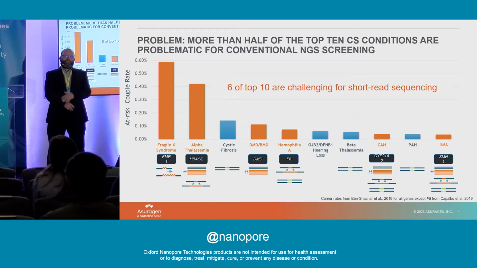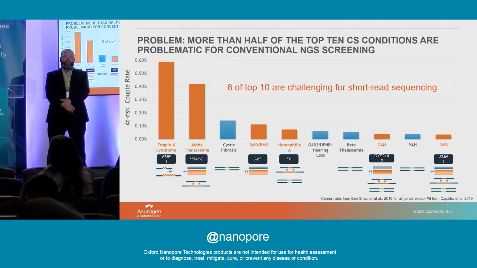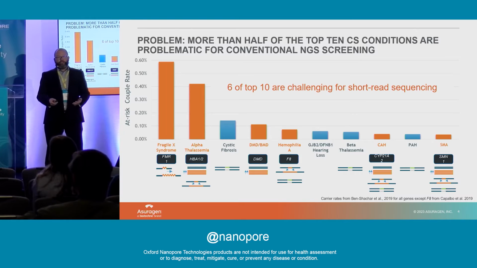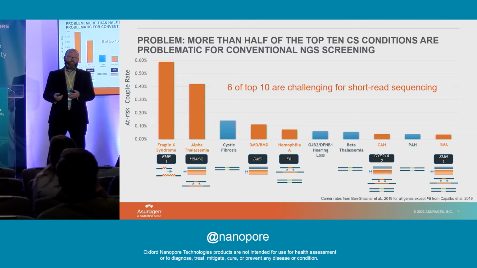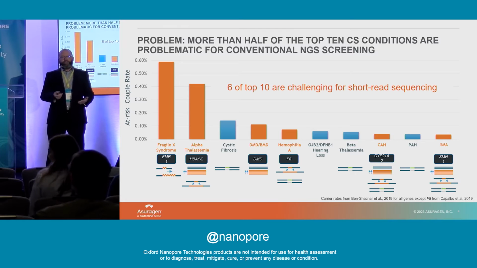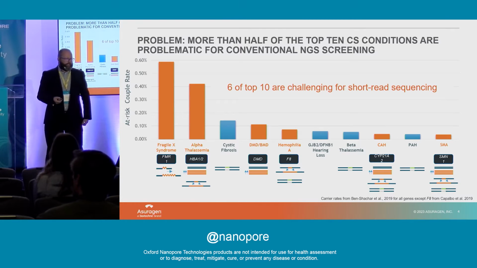Typically a sample will go to one of these carrier screening labs, and they will run an NGS panel on a vast majority of the genes in the panel that you pay for. Then a number of these particular genes are one-off panels using specialized methods that the carrier screening lab has to be proficient in carrying out.